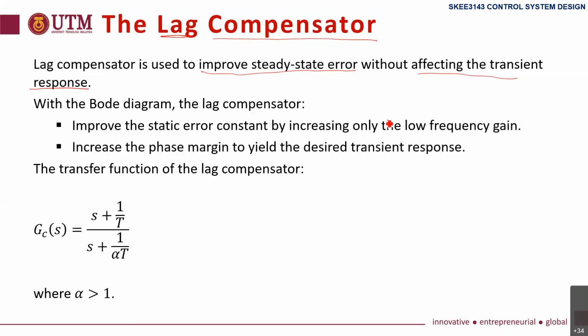We will improve steady state error but maintain the transient response. How can we improve the steady state error? We can improve the steady state error by increasing the low frequency gain.